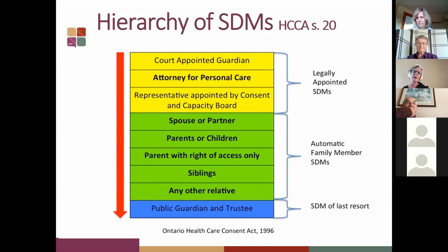If there is absolutely nobody on this list, and that is not uncommon, every time we give a presentation, people will approach us and say, I just do not have relatives. I do not have anyone that I could count on to be my substitute decision maker. If you have no one, a public guardian and trustee will be appointed on your behalf. The courts will appoint someone.